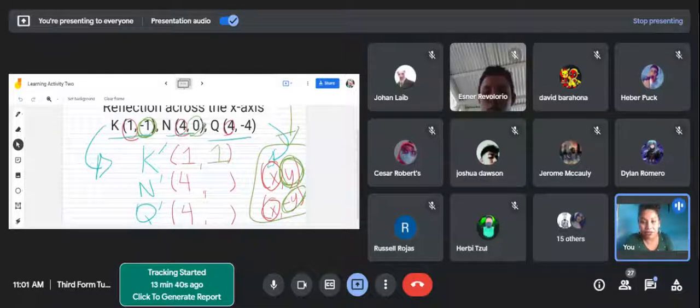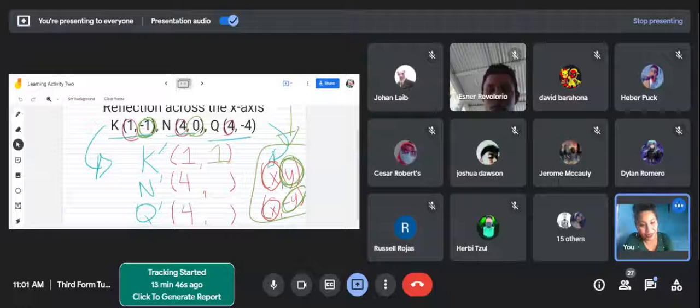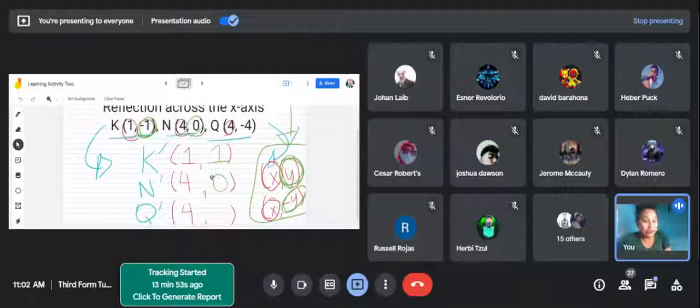If I have 0, what is going to be my new point? Negative zero. Are you sure? Just zero, miss. 0 is neither positive nor negative. So if we have a 0, we just write the 0, right?